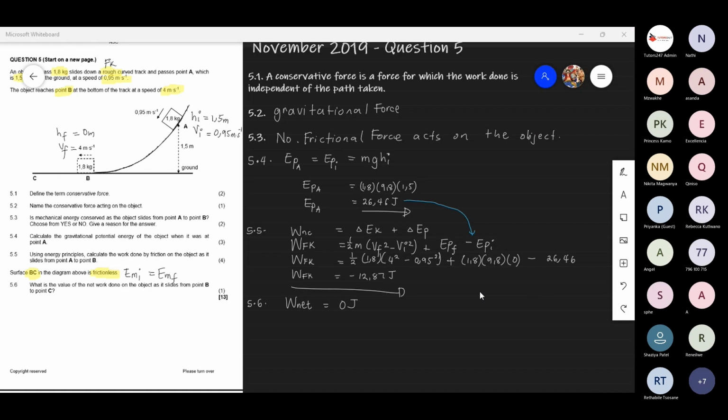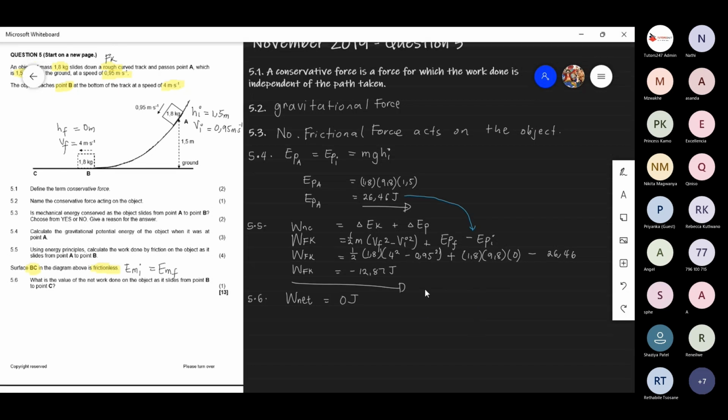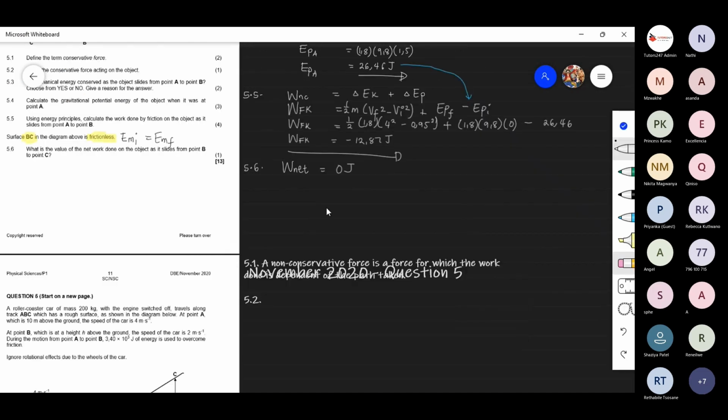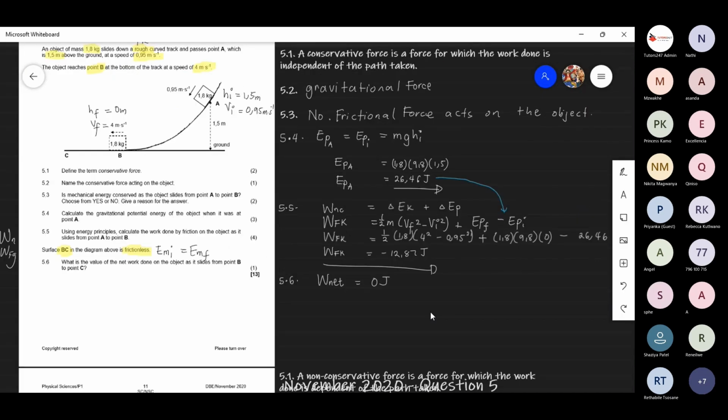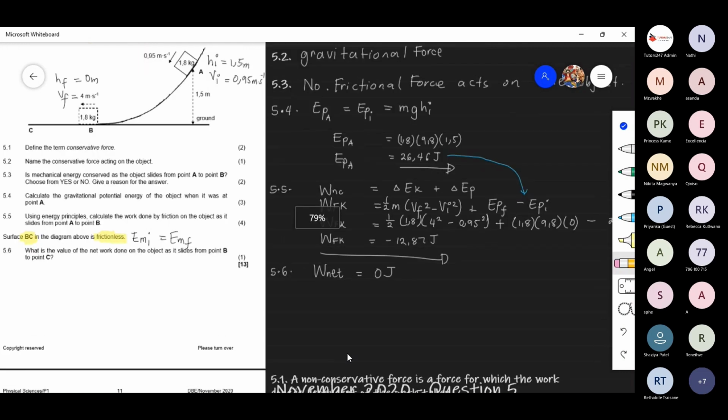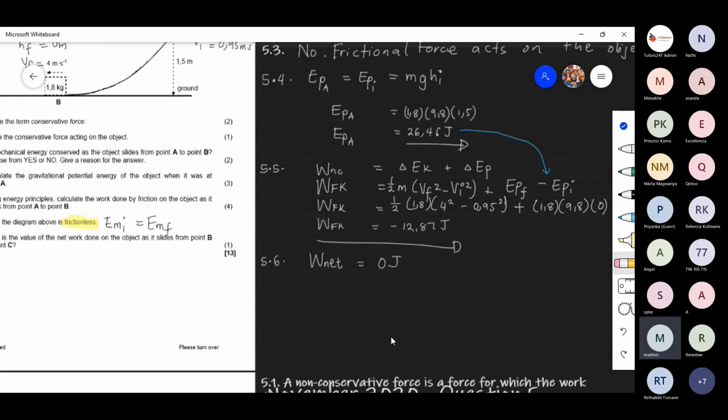The last question, we need to calculate work net for BC. Keep in mind that BC was stated as a frictionless surface, okay?